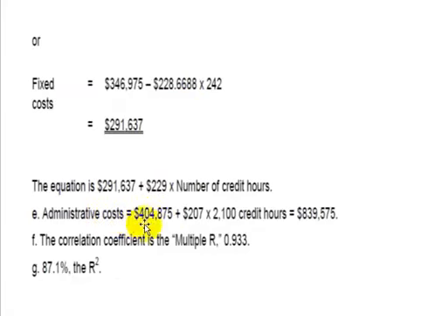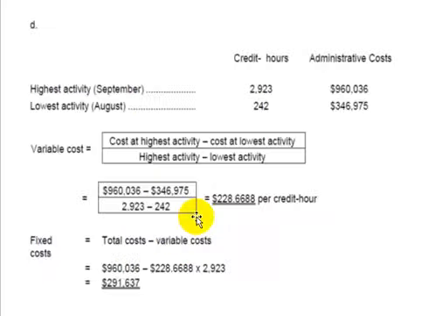Administrative cost equals the fixed cost plus B times X. The fixed cost represents the intercept, and this number, 207, represents the coefficient of the variable cost.